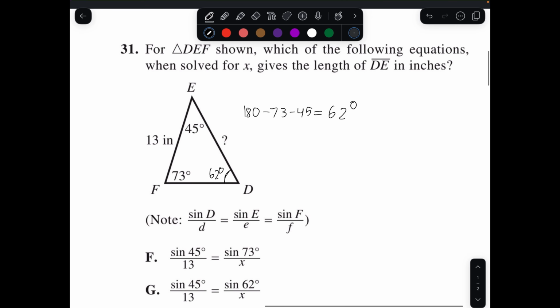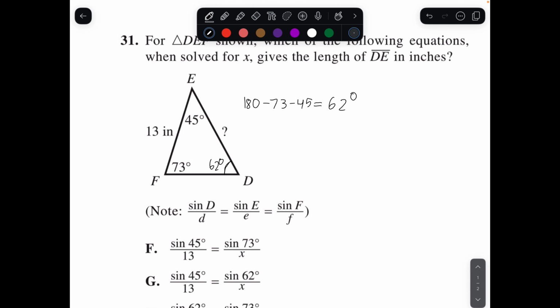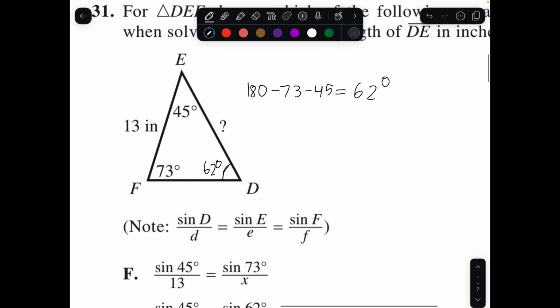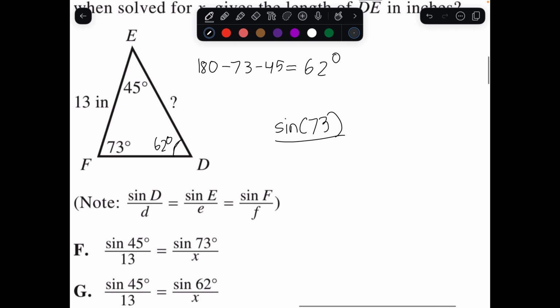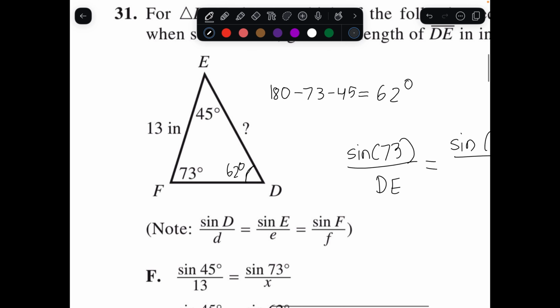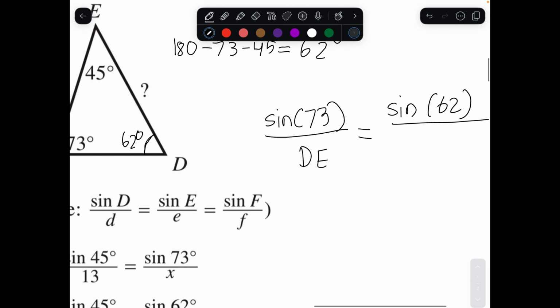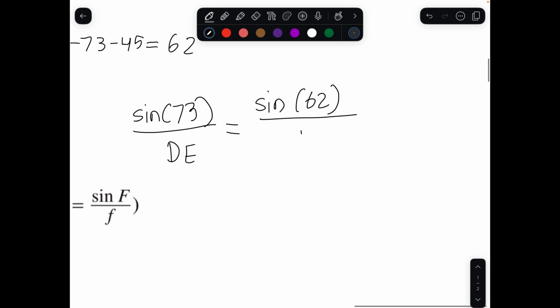So let's solve for DE. Sine of 73 over its opposite side, the side opposite from the angle. So the side opposite from 73 is DE, equals sine of 62 over the side opposite from 62, which is FE, which is 13.